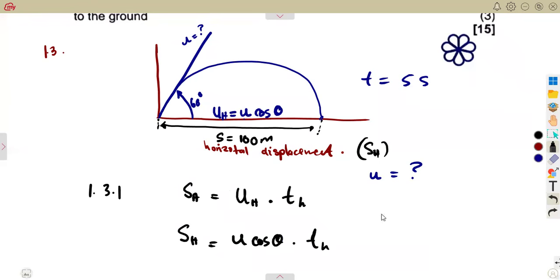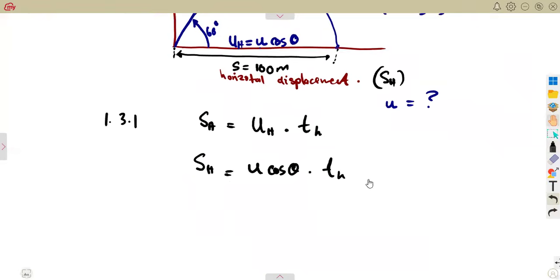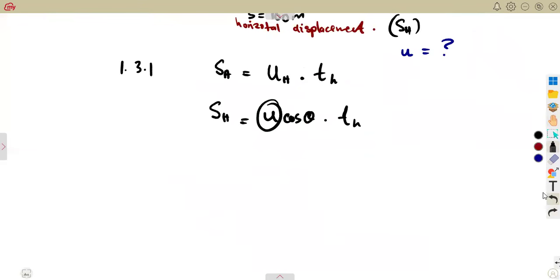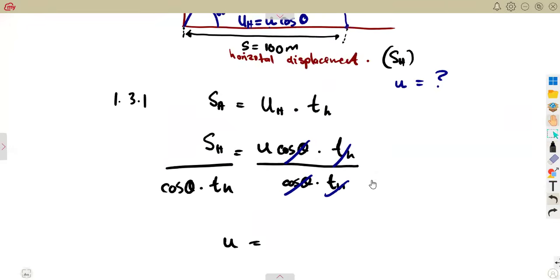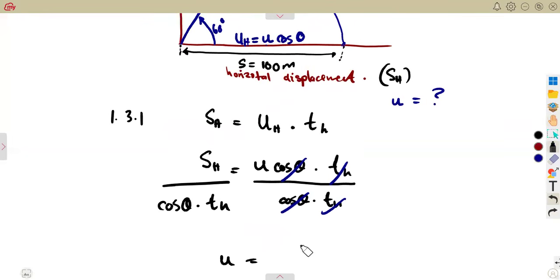So there we need U, and you can calculate this because everything is there. Divide by the cos of theta times the time. So this is going to give us the U that we need. That is, U is equal to SH, the horizontal displacement, which is 100 over what?